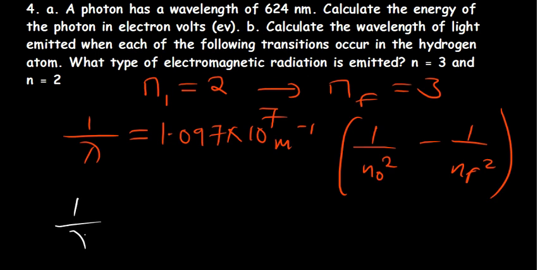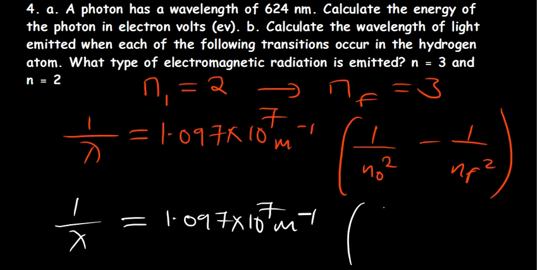So 1 over the wavelength is equal to 1.097 times 10 to the power 7 per meter, and the initial we are taking to be 2, and the final we're taking to be 3. For this transition, 2 squared is 4, 3 squared is 9.